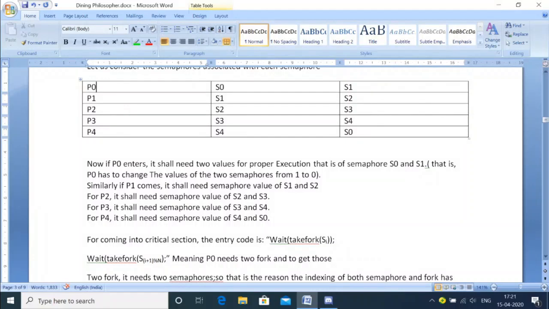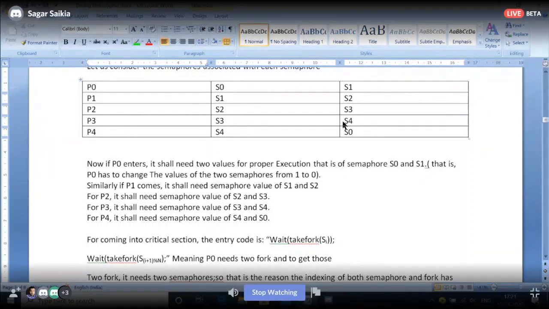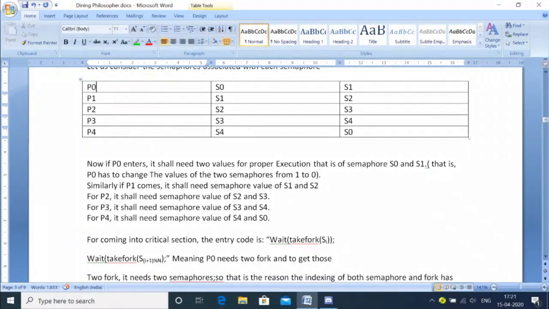So the moment P0 does this, it will be telling the other processes that no, you wait, check the semaphore value. The semaphore values of S0 and S1 have changed from 1 to 0. So the other processes will consult the semaphore values of S0 and S1. If I have to take F0 and F1, I have to change the semaphore value.